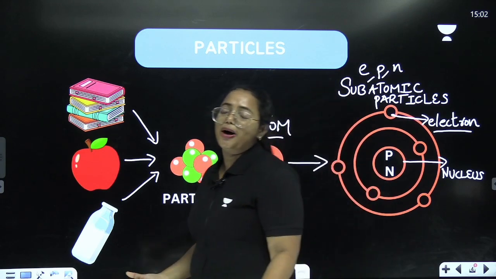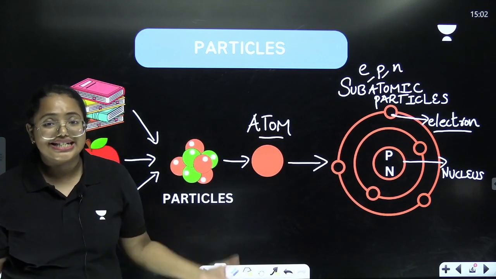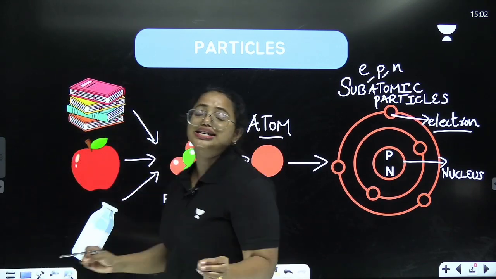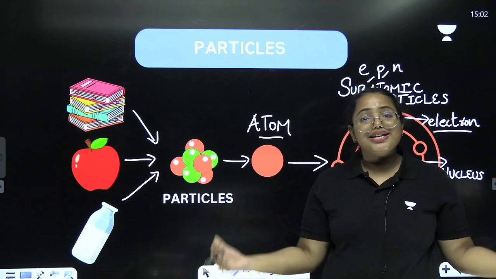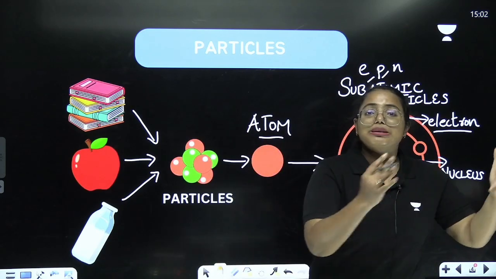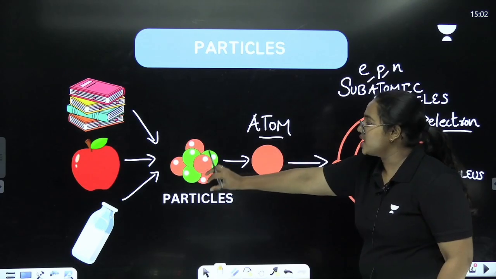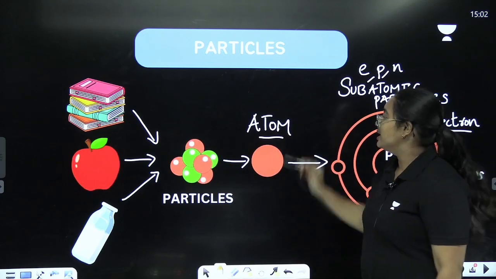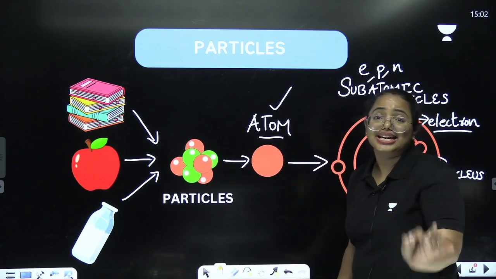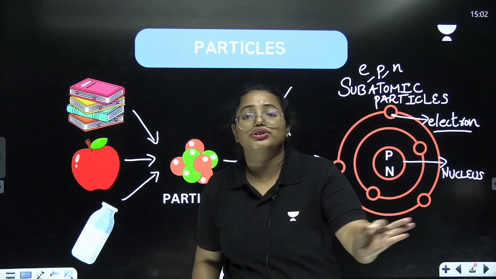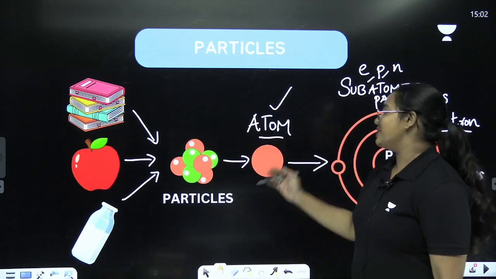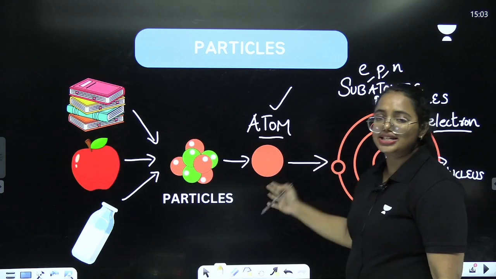All of these are made up of particles, because all of these can be considered matter. So matter is made up of particles. But if I take a tiny particle out of it, this can be called an atom, the constituent of a substance. Got it? The tiniest particle is nothing but an atom.